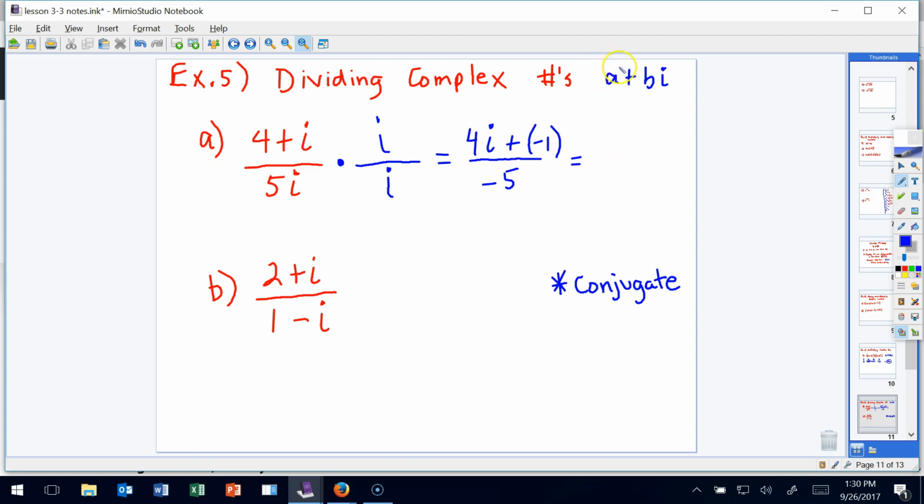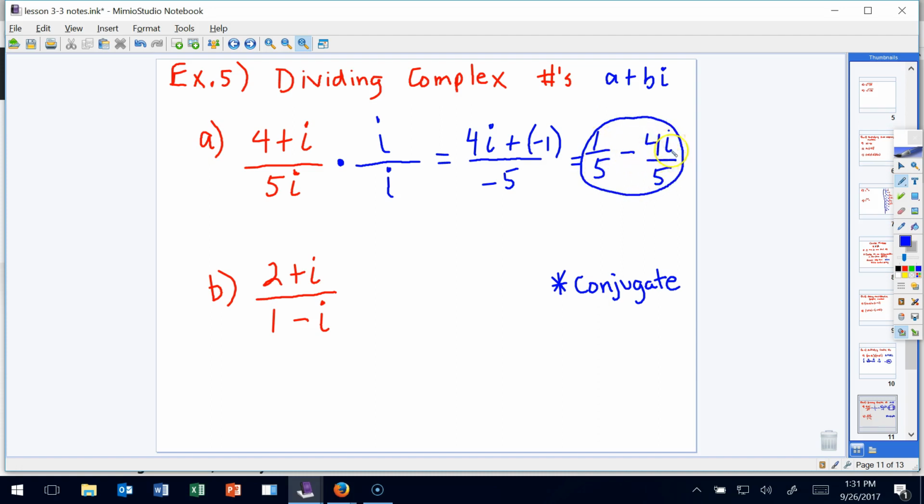The first part of the fraction will be just the regular real number part. So let's think of negative 1 divided by negative 5, and that's positive 1/5. Now we'll do the bi part, 4i divided by negative 5, and that would give us negative 4i over 5. And now it's written in the proper form.